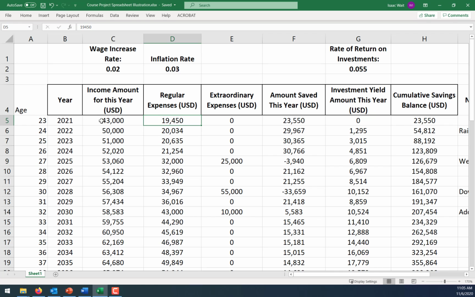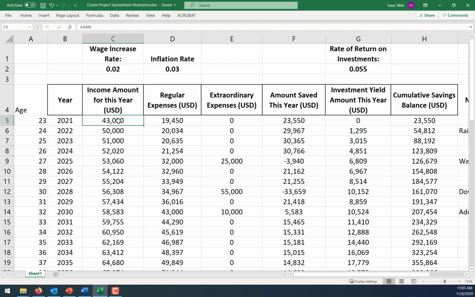And by the way, taxes are another expense. Most people will think about their salary on a pre-tax basis. If your company gives you a letter saying that they're going to hire you for $43,000 a year, what they're saying is that's the amount of gross income that you're going to receive from that job, and then your net income, the amount that's actually in your paycheck, is reduced by a variety of withholdings like taxes, for example, and maybe a portion of your withholding also goes to retirement, like a 401k contribution.